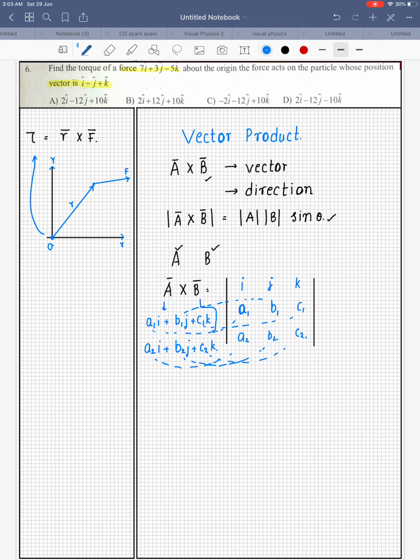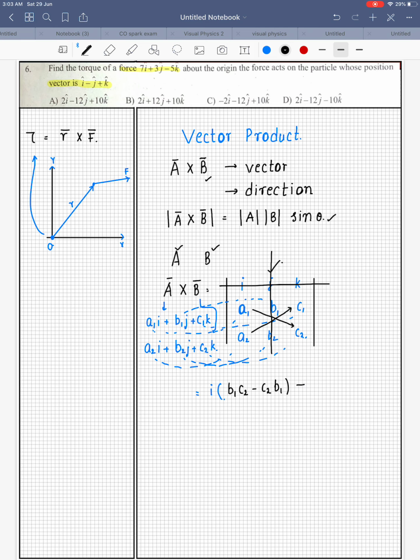Once this is done, you find the determinant. So i into (b1c2 - b2c1). Now for j, you take this line, and you should write a1c2 - a2c1.